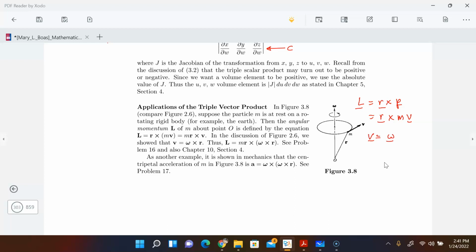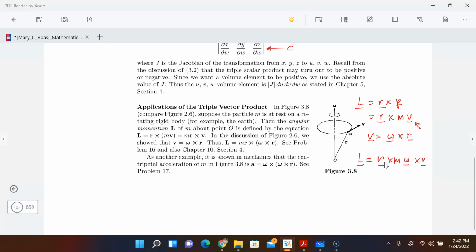I never memorized this. Yeah, omega cross r. So in this particular case, you plug v in there, and you get your angular momentum as a triple vector product, r cross m omega cross r.